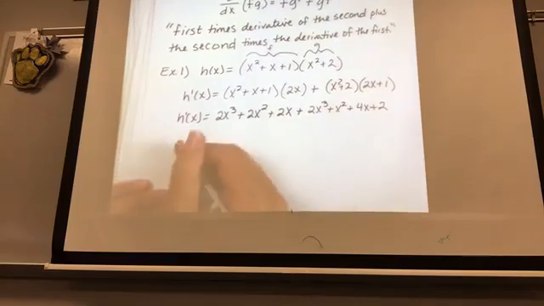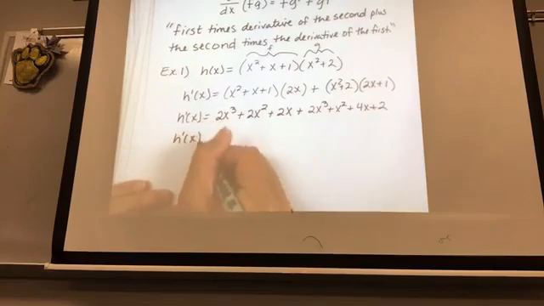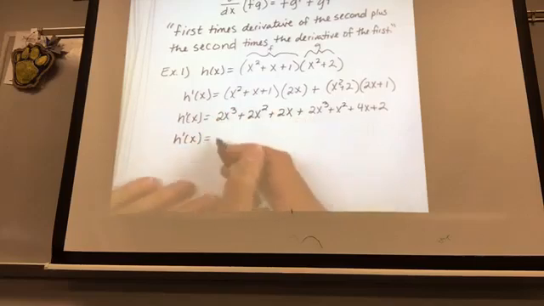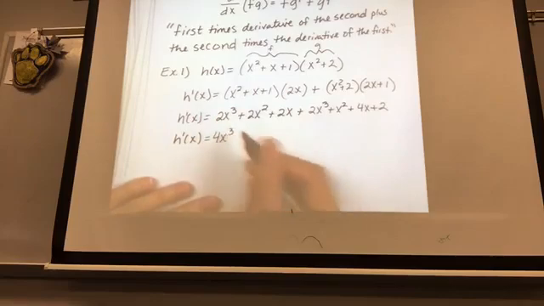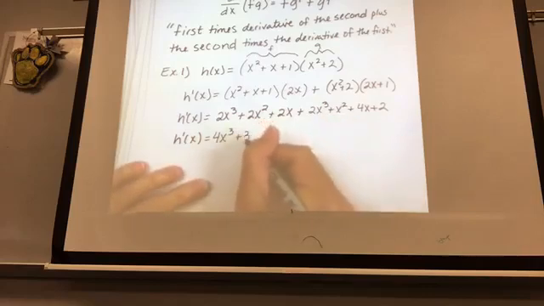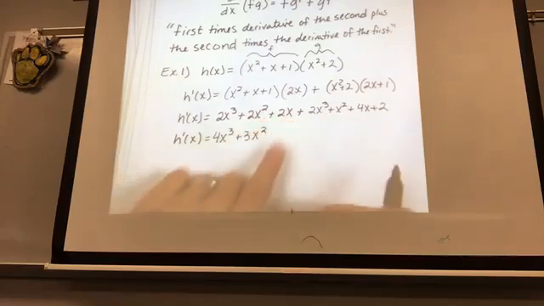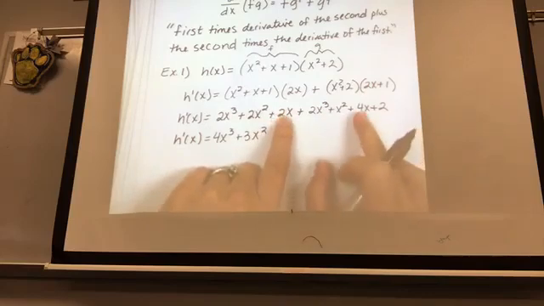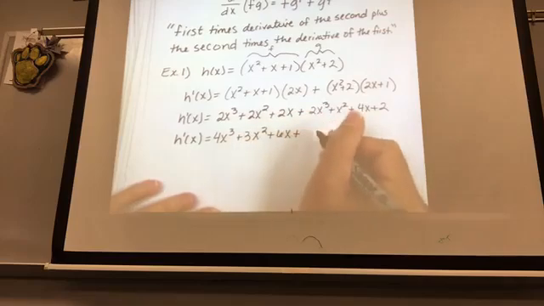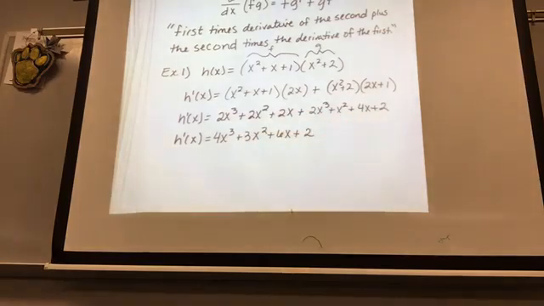And then combine our like terms. So we have 4x cubed plus 3x squared plus 6x plus 2. So I don't know, maybe that one would have been easier to multiply and find the derivative of the power and constant.